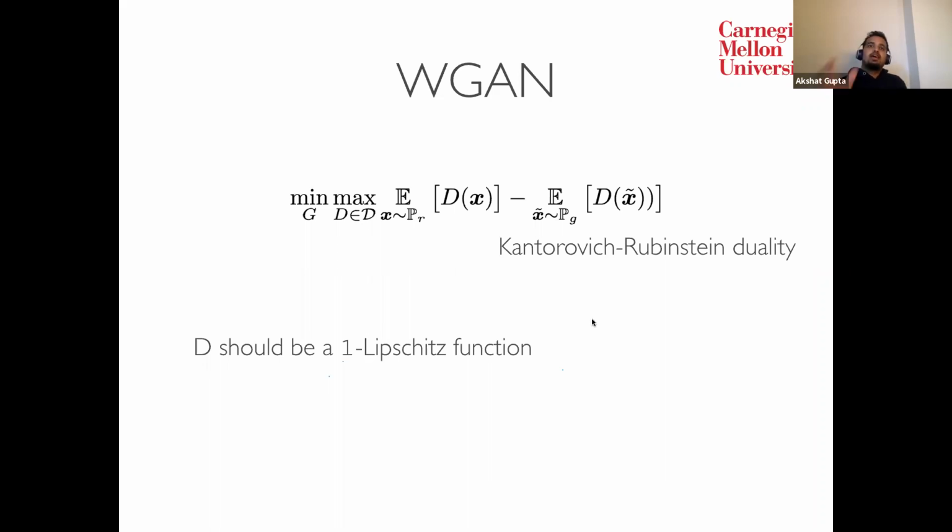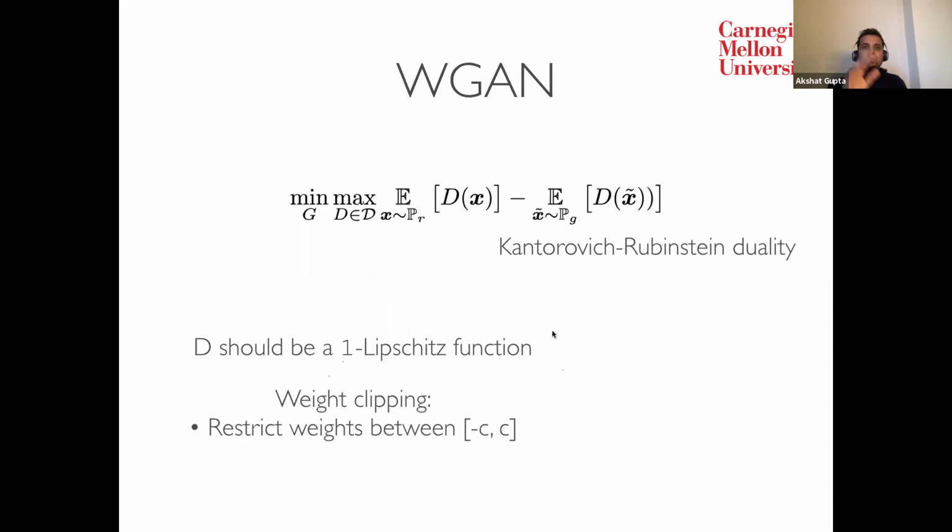The way it's done in the original formulation, which is why it does not work as well as its successor, is that to enforce this condition they restrict the weights by weight clipping, between minus C and C. It does not guarantee that the discriminator would be one Lipschitz, but it does guarantee that it would be K Lipschitz for a certain value of K. If you give me the C, I can tell you what the K would be.